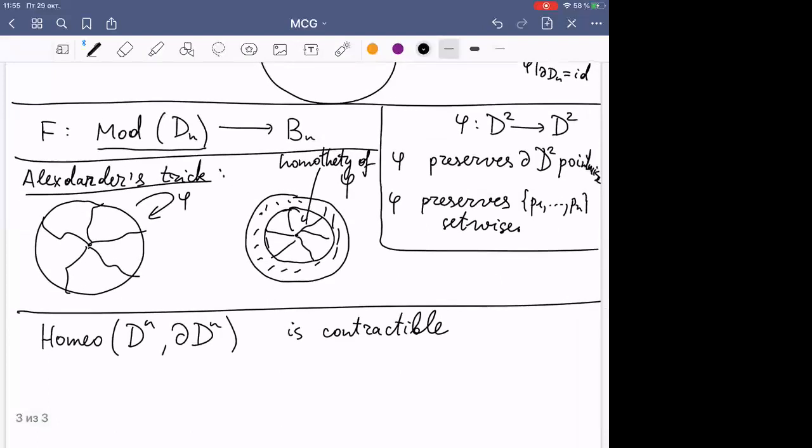Just one note concerning notation. I always keep in mind that today we consider homeomorphisms of surfaces with boundary which fix the boundary pointwise, so I don't want to write it down.